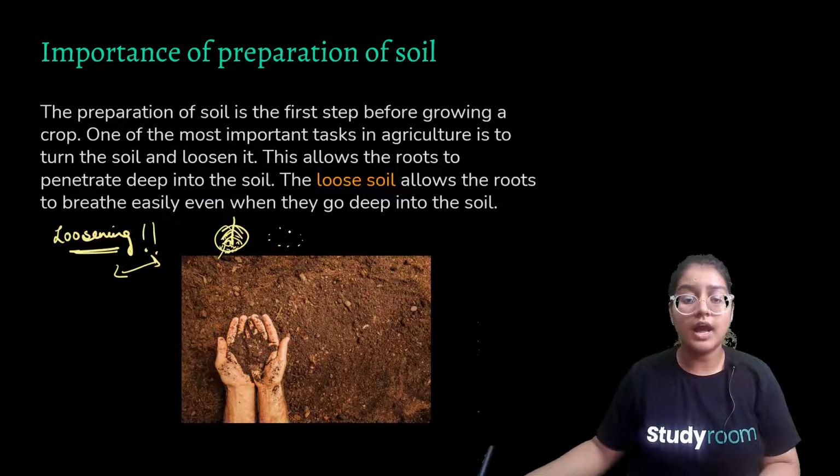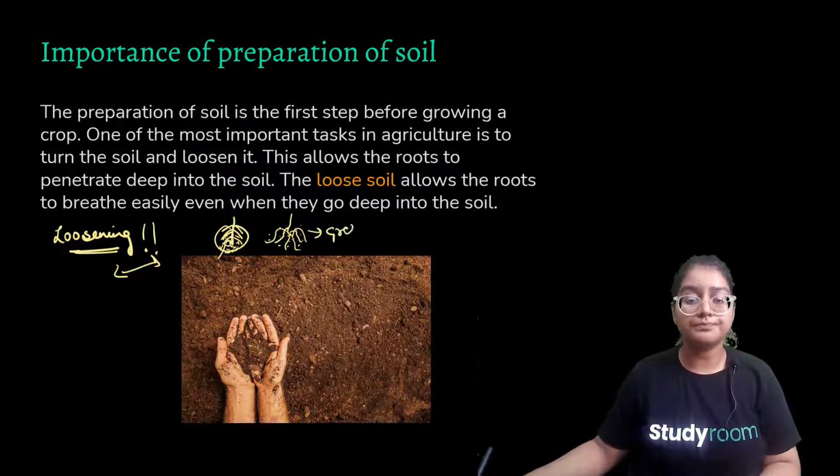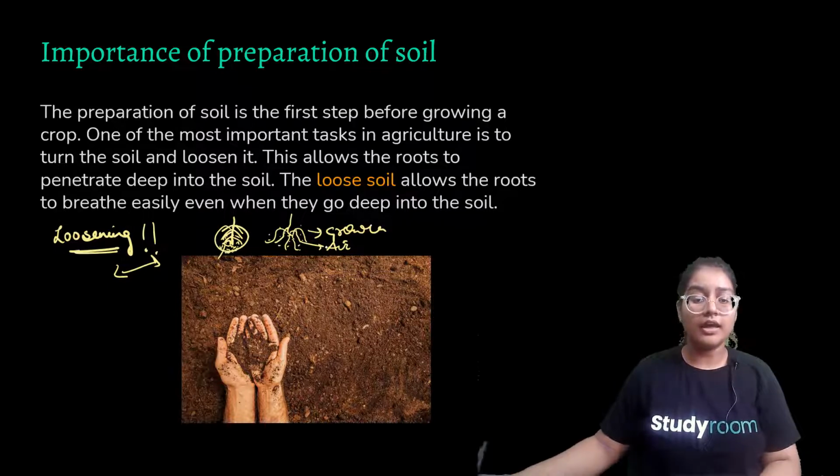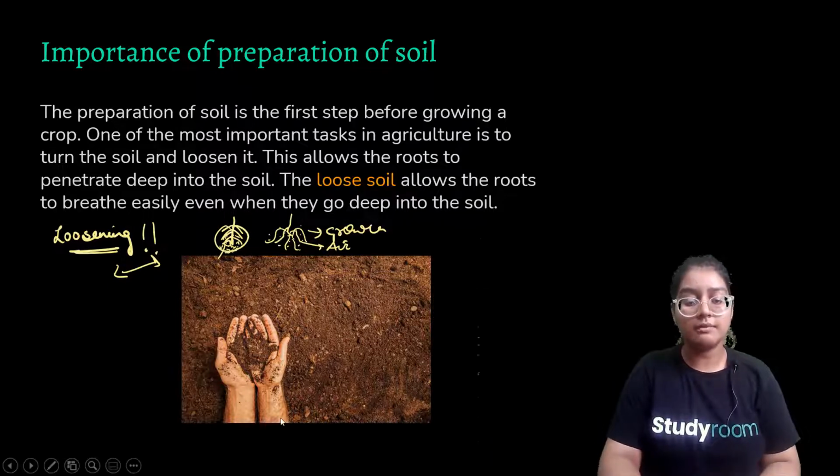If our soil has enough air space and it is loose, the roots have enough space to penetrate deep into it and ensure growth. Loose soil allows the roots to breathe easily, even when they go deep into the soil, because it has air.